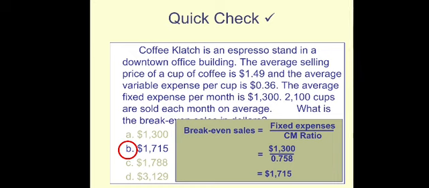You have to remember the calculation for the CM ratio: the unit contribution margin divided by the unit price. So the answer is 1,715 cents. If the business wants to achieve the break-even point, the business has to make sales of 1,715 cents.